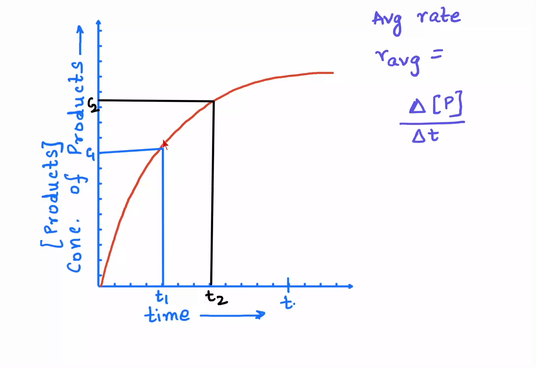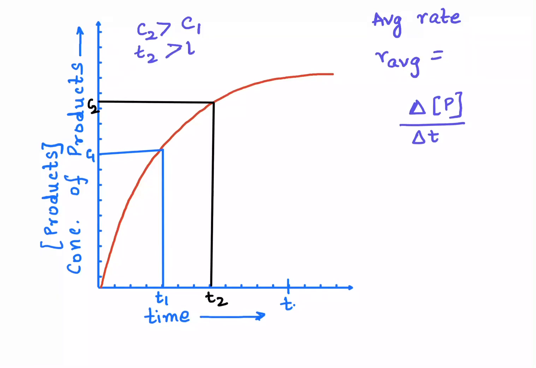Corresponding to T1, the concentration is C1, and corresponding to T2, the concentration is C2. Notice over here, your C2 is greater than C1, and T2 is greater than T1, unlike the concentration of the reactants.